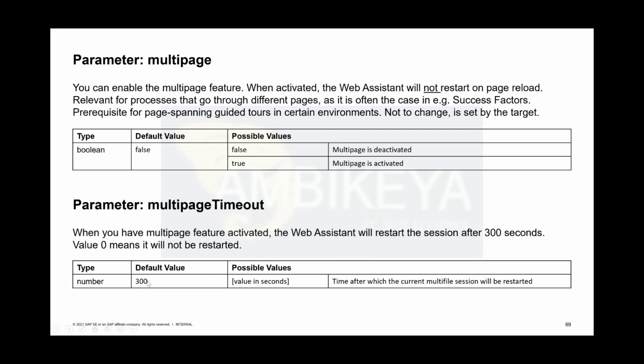For whatever reason, you might want to reduce or increase that value, but now you know this is only for the purpose of this memory cache of where am I right now and what's my content being kept alive for X time and then reinitialized after. And it only counts if multi-page is true, which is the case in most cases. Probably as soon as we are in the third-party world, we will find occasions where it has to be a non-multi-page approach. In that case, the timeout makes no sense.